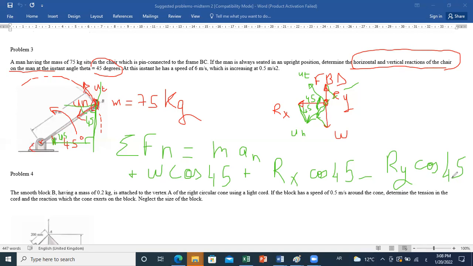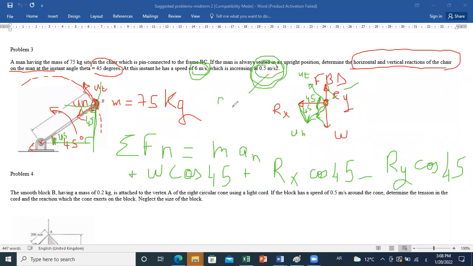Okay? Here they gave you the velocity. They told you that at this position the velocity is 6 meters per second, increasing at 0.5 meter per second square. This number is what? The velocity increase represents what? The acceleration. Which acceleration? The tangential. Very good.